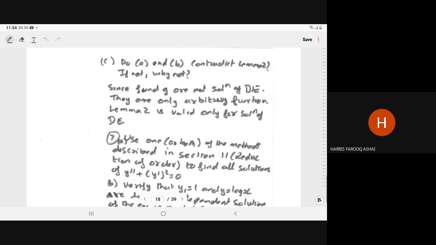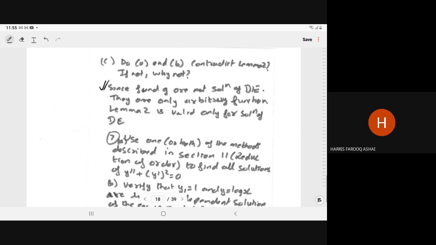They are not solutions of any homogeneous equation. Since f and g are not solutions of a differential equation, they are only arbitrary functions. That's why it is not contradicting Lemma 2. Lemma 2 is true only for a second order differential equation. Clear? So that is a theoretically very important question.